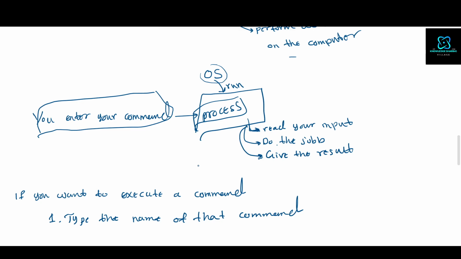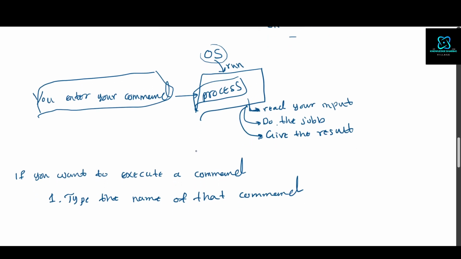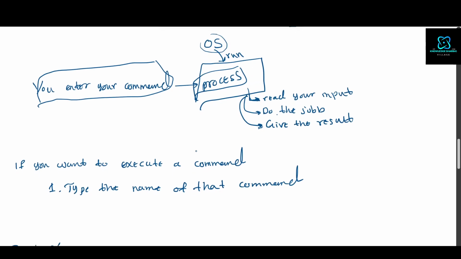Okay, so now we have a basic understanding of what is happening from when you type your command: the operating system starts running a process, and this process has three main jobs. If everything goes well without any error, it reads your command, then does that job, then presents the result to you.